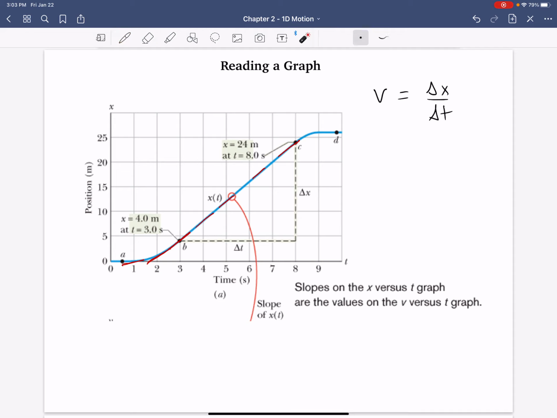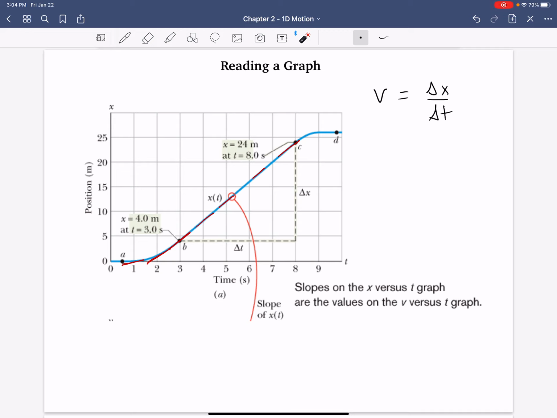So this delta x over delta t, that value for the speed, is always the same. So the speed does not change. It has a constant speed, in other words. Constant speed means that the line on a position versus time graph is a straight line. And that's what we see there between points B and C.